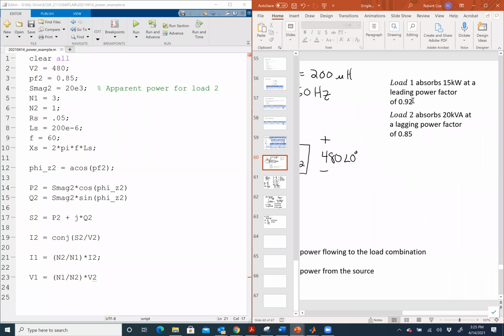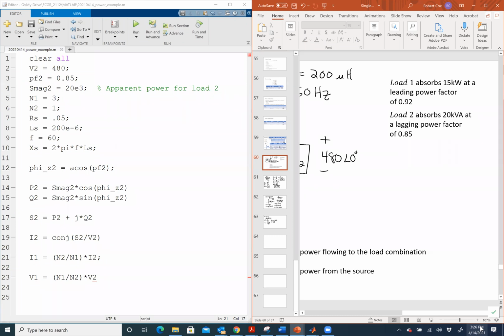Load 1 absorbs 15 kilowatts at a leading power factor of 0.92. Basic power triangle process again. I've been given two things, and now I have to solve to figure out everything else. What two things have I been given? The power factor is 0.92, and the active power. I was told the kilowatts. So I know P, and I know the power factor.